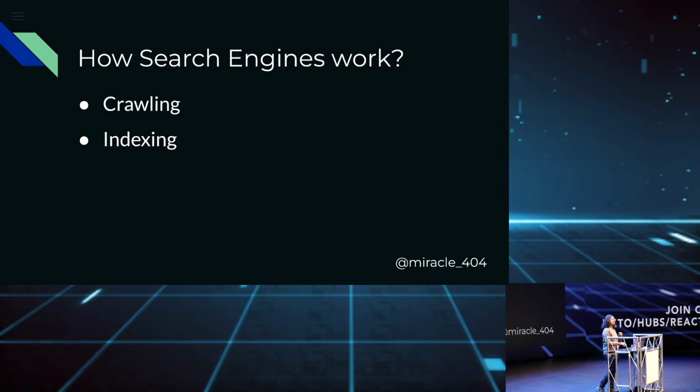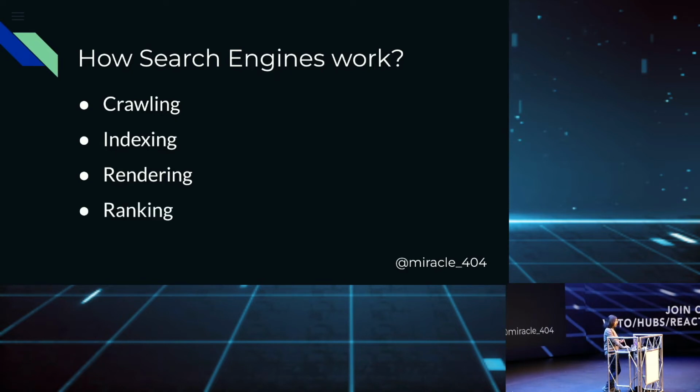It might also perform some rendering operations if we have some client-side JavaScript. And then comes the ranking phase, where the data stored in the index is queried as per the user search or keywords. Every search engine has something called crawlers. They are basically bots, like Google has Googlebot, and they continuously keep on crawling the web.